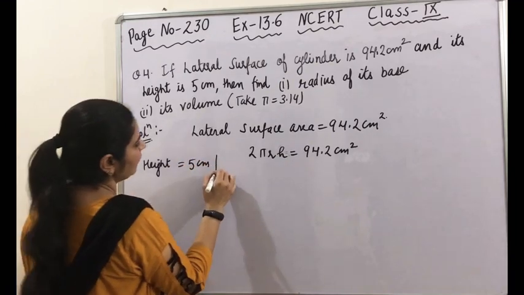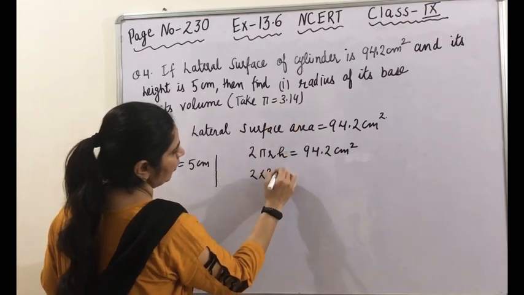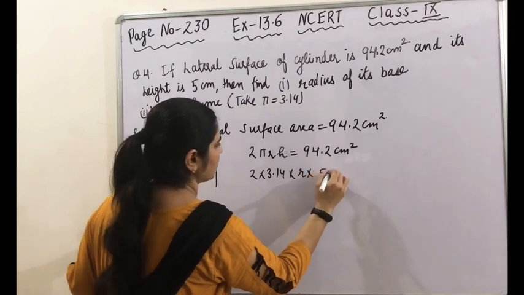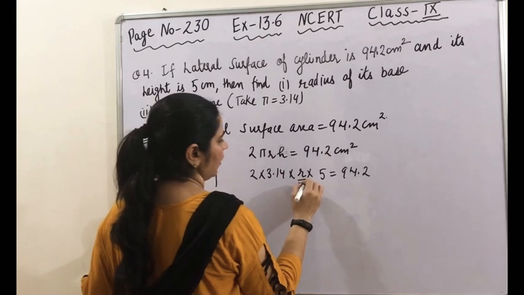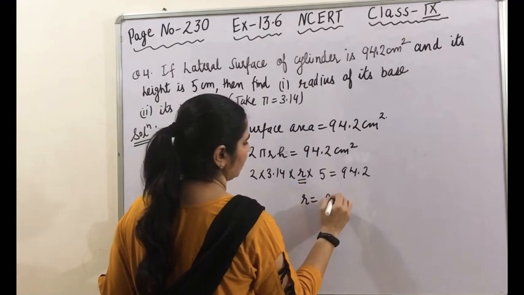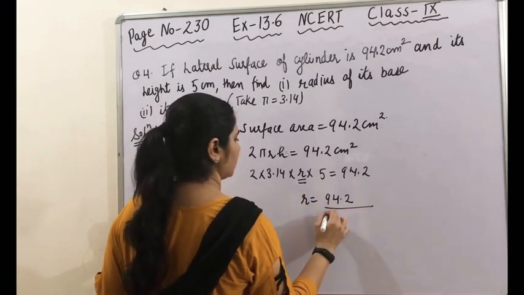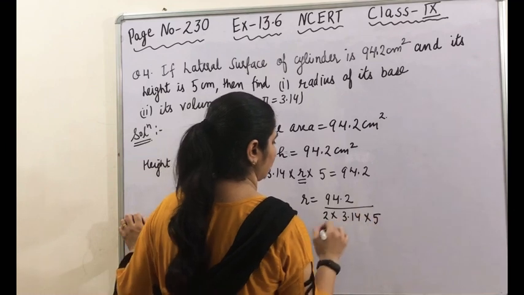We'll apply the values here. Pi is given, 3.14. R we have to find out. H is given. So R is 94.2 divided by 2 into 3.14 into 5.